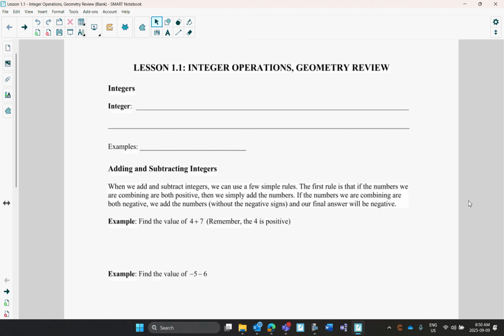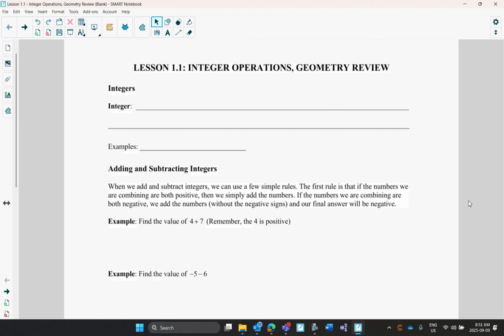It's basically all 4 operations with positive and negative numbers, all 4 operations with fractions, and some geometry like area and perimeter. That's really what we're going to cover in the first unit, and we'll probably work through it fairly quickly, depending on how you did with the assessment.